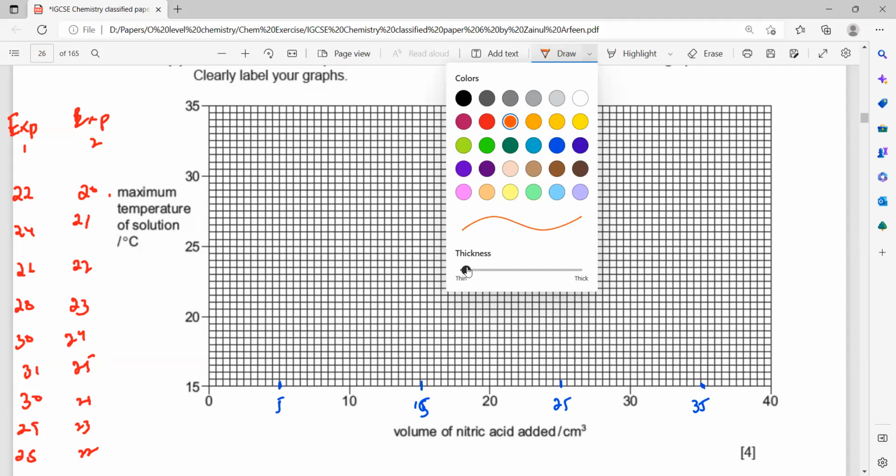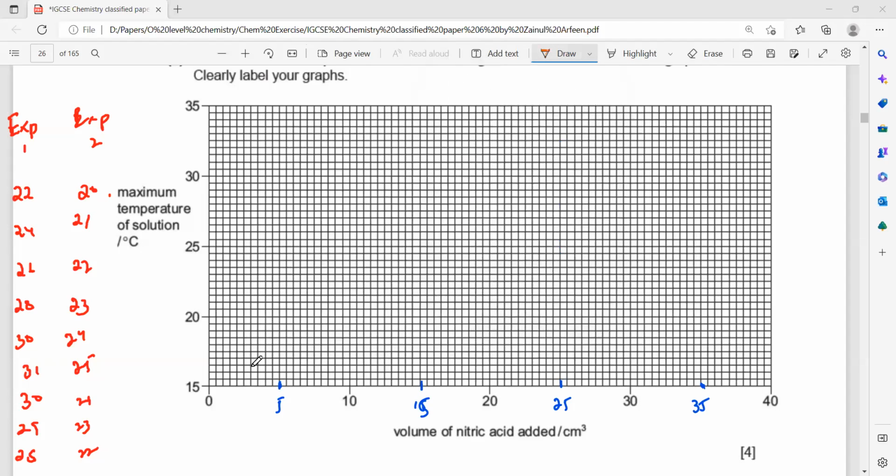For the first one, 0 and 22. Here two boxes equal 1, so this will be 21, this will be 22. Then 5 and 24. Then 10 and 26. Then 15 and 28.